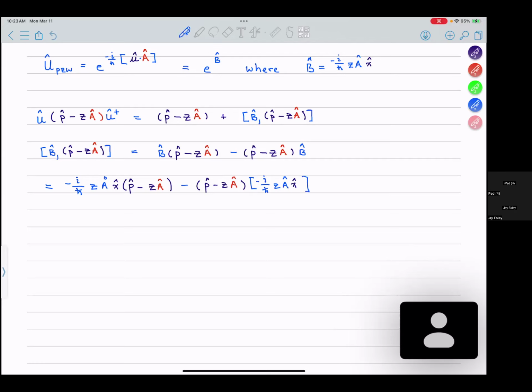So we can factor out of both of these terms a common factor of minus i over h bar z a hat. Okay, so let me factor that out.